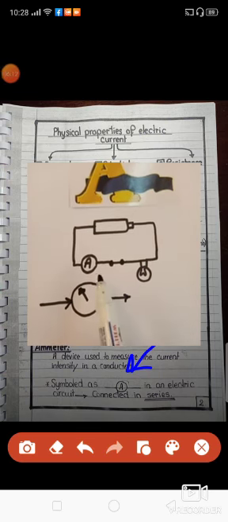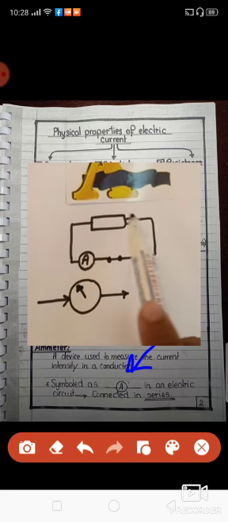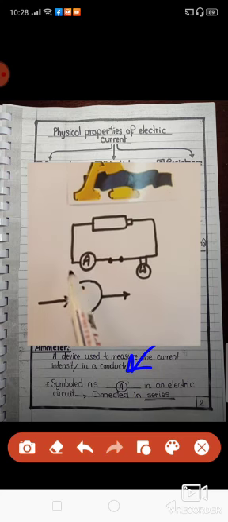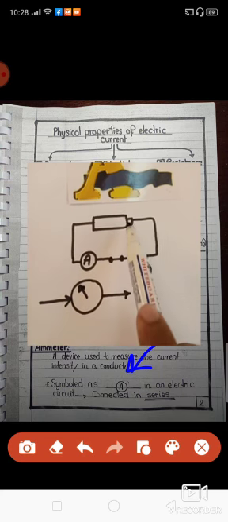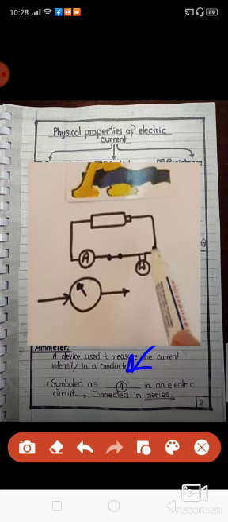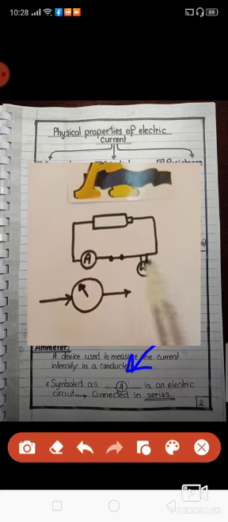So we can say that the ammeter is connected in series with the electric current in the electric circuit, as it is in one route. When the current passes through the wire, it passes in one route with the ammeter to go back to the battery.